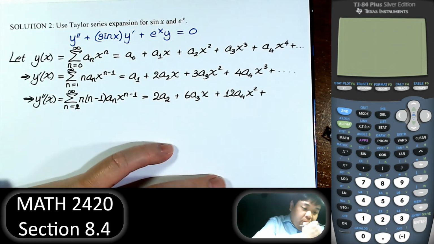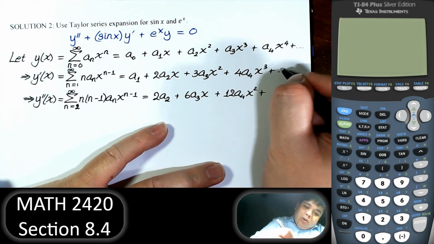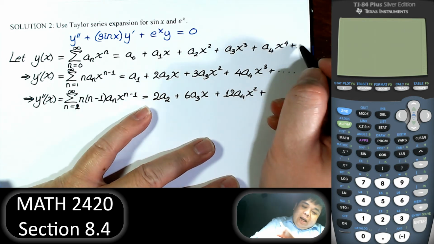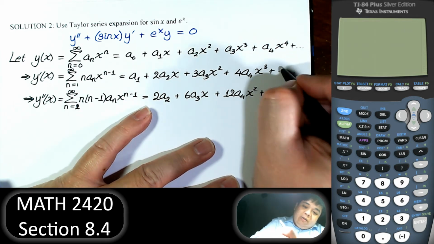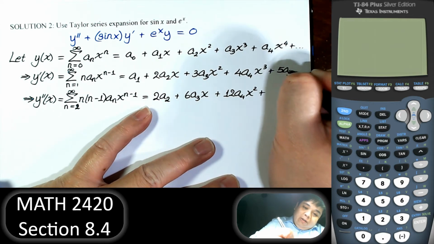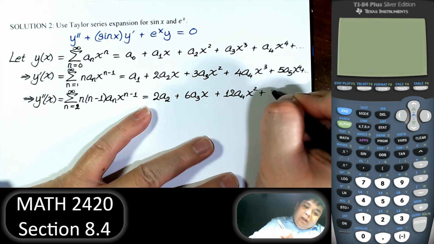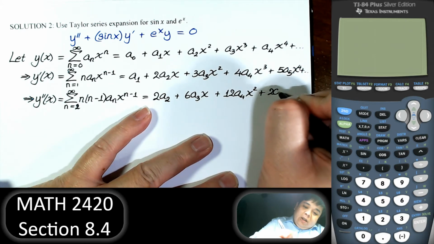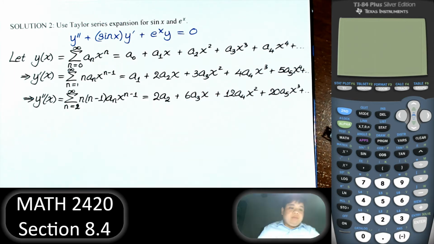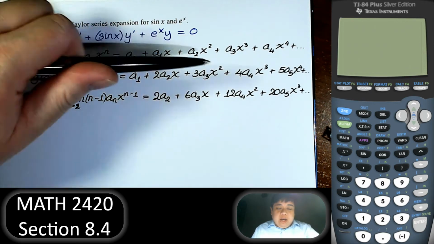I think we need a few terms here. Let's try one more. That would be a5 x to the fourth, and then this will be 20 a5 x cubed. Yeah. So that's the power series for y prime, y double prime, and y.